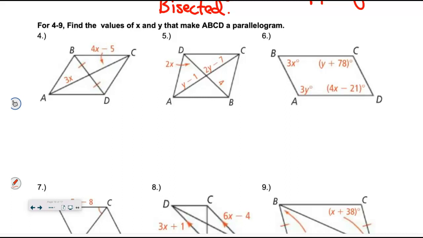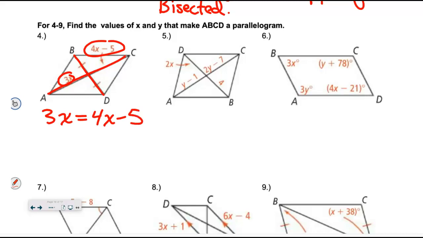Diagonals. Okay, according to our diagonal stuff, what must the diagonals do for it to be a parallelogram? Bisect, correct? This one is marked as being bisected, so I don't need to do anything about that. I need to find the value of x that would prove that this is also bisected. So what am I going to do with these 2 pieces of algebra? Set them equal.